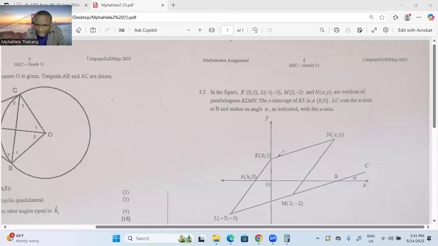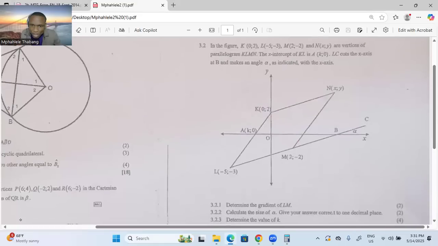So we can say angle K is equal to angle M, and angle L is equal to angle N. Okay, I think now we are ready to look at the question.